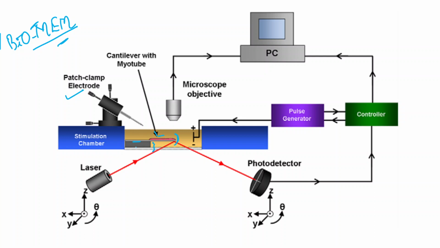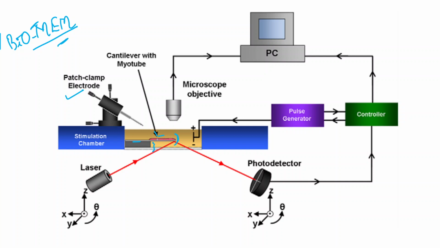Then we have the patch clamp electrode here, and this myotube is in this stimulation chamber. Whatever stimulus we provide to the myotube, it's going to move, right? And how is it going to move? It's going to move because of its stiffness. Depending on its stiffness and the kind of stimulus provided, it's going to act.